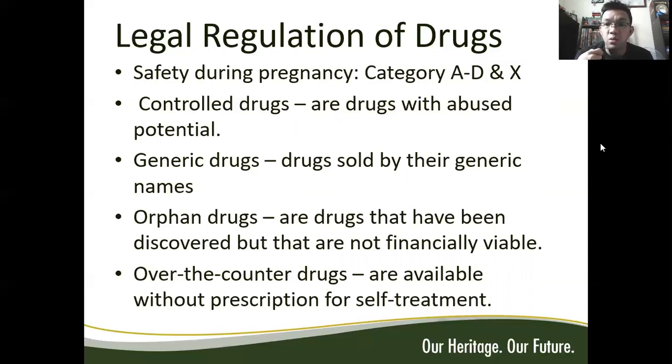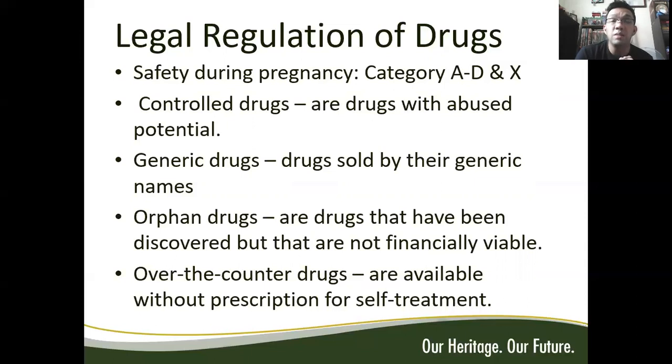Generic drugs, these are drugs sold by their generic names. I've already mentioned that before. And orphan drugs. These are drugs that have been discovered, usually for the treatment of a rare disease. Since the disease is very rare, these drugs are considered to be not financially viable, unlike the other drugs that we have, like for example, the antimycobacterial drugs used to treat tuberculosis or leprosy.